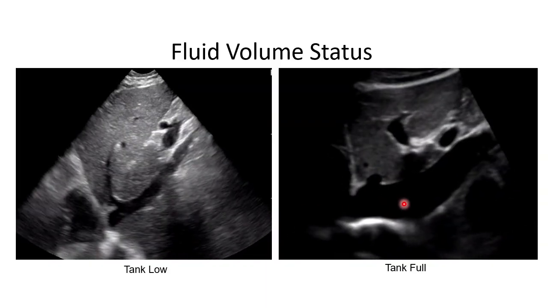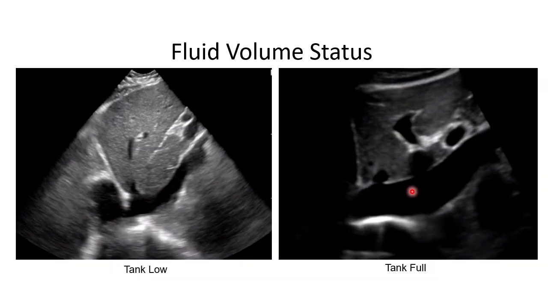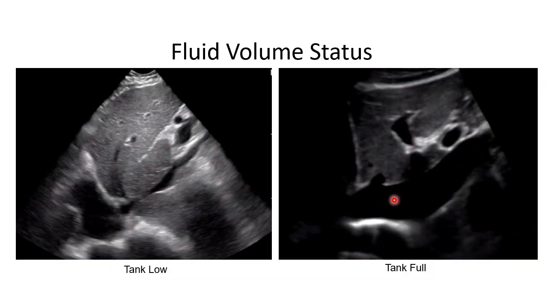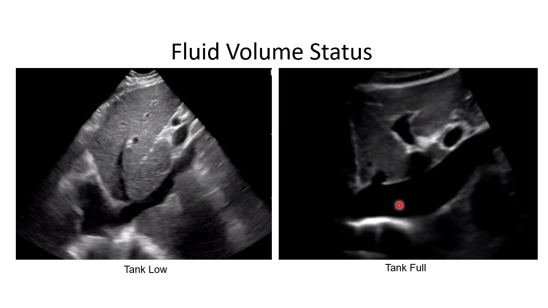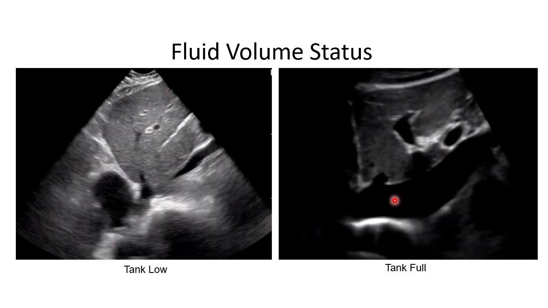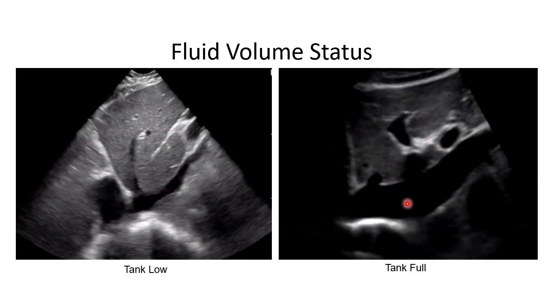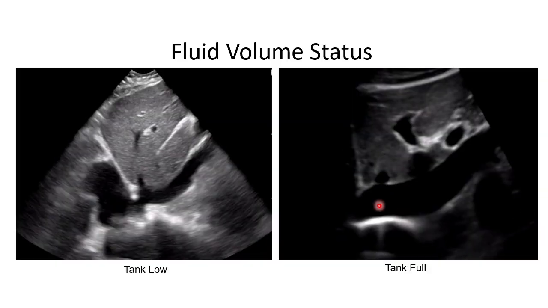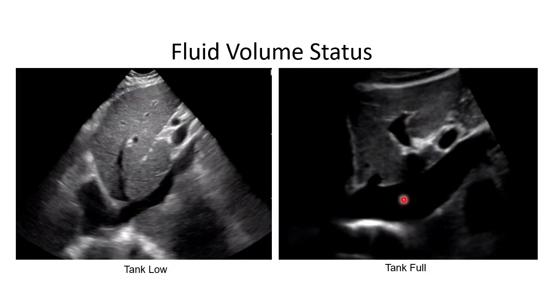The image on the right, notice how plump, and there's hardly any variation, suggesting this tank is full. However, in the setting of pericardial tamponade, as we discussed earlier, the right atrial pressures are high, you would have a similar finding.